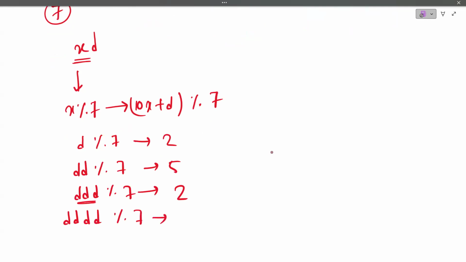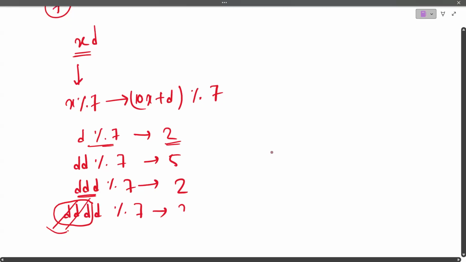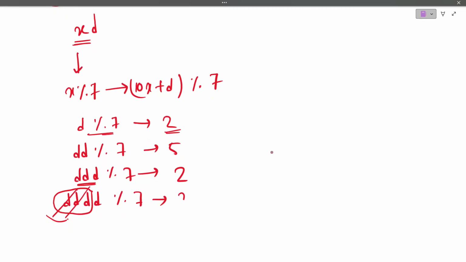Don't you think that since triple d was actually divisible by 7, this thing does not contribute anything to the remainder? You can just throw this away. And if you throw this away, the value is actually d modulo 7, which is simply 2. So this is the reason why things will... Sorry, just a second. I made a mistake. What I meant was, let me show it for a 0. So d modulo 7 is 2.